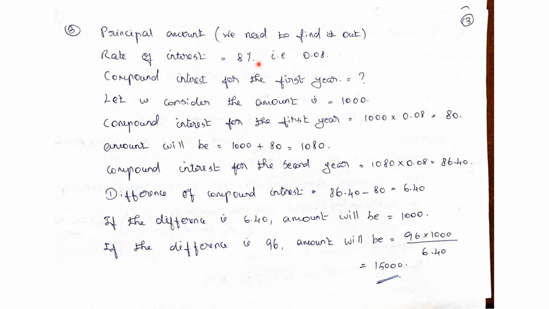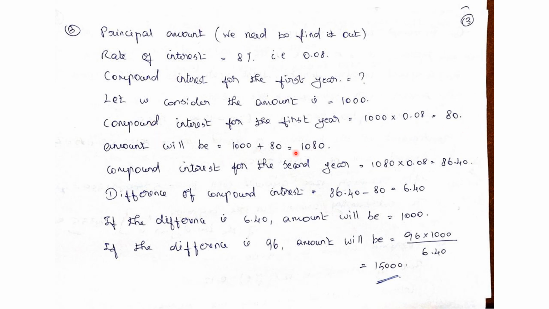Rate of interest 8%. Then the compound interest for the first year is what we need to find. Here I'll tell you one easy method. Just for example, we'll consider the amount is 1,000.